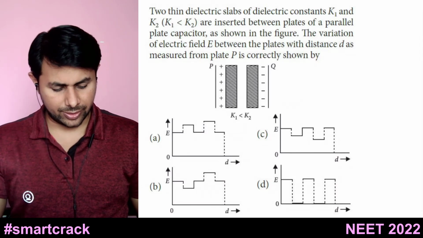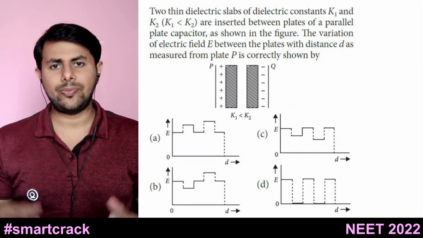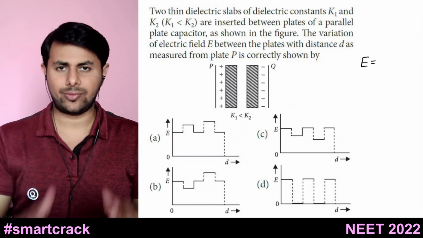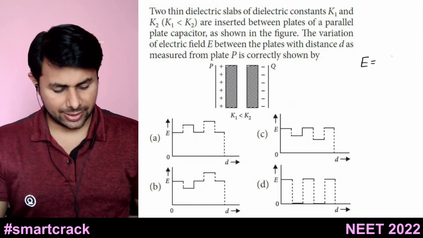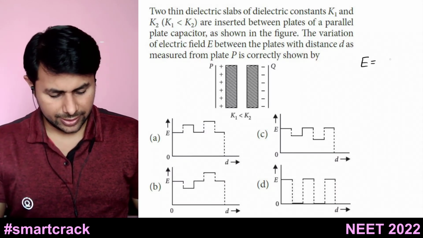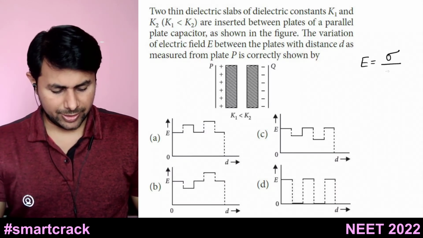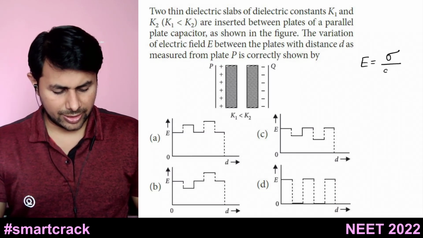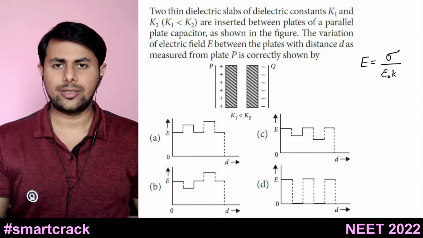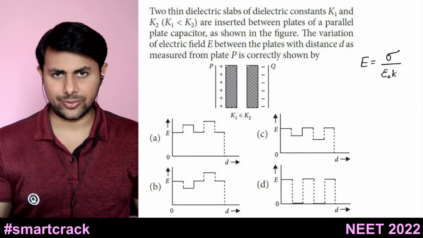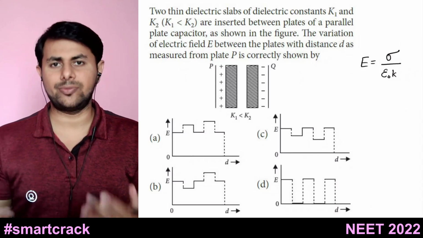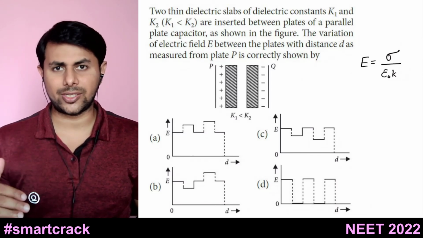So we know the formula for the electric field between the plates of a capacitor. It is given by sigma divided by epsilon, or epsilon 0 K. So if we have dielectric, then the electric field will reduce, and if the dielectric constant is more, that means there is more reduction in the electric field.